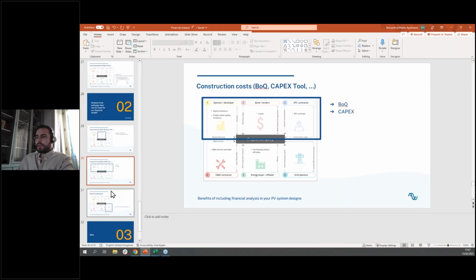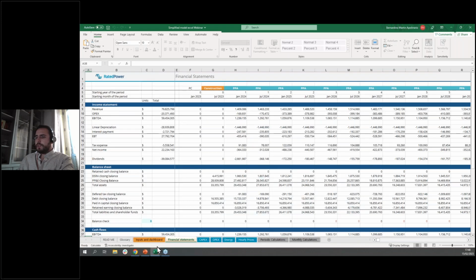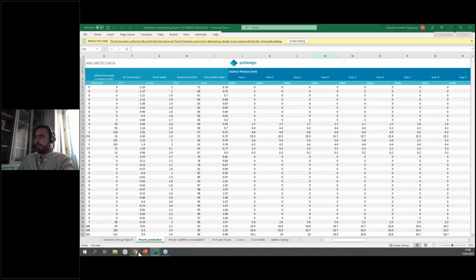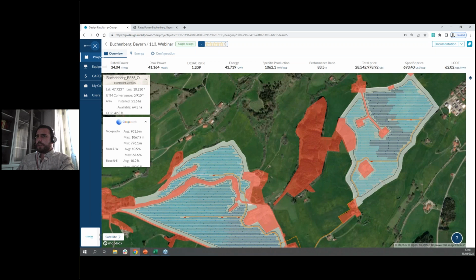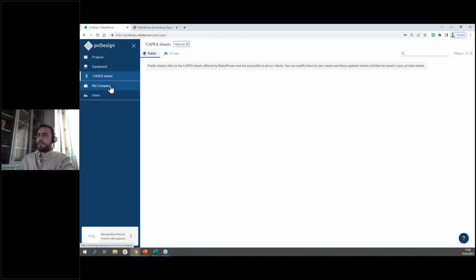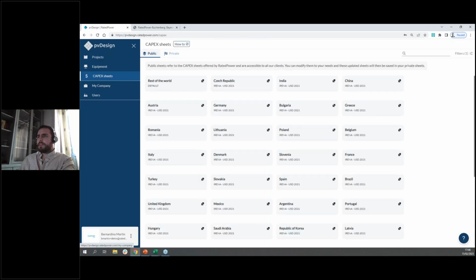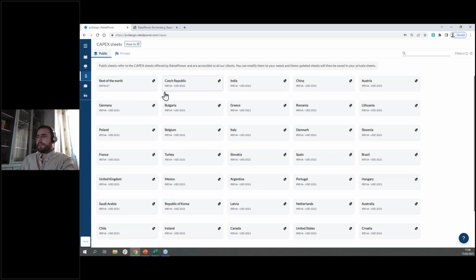Okay, going back here to the Excel, another file that is interesting is the bill of quantities and the CapEx. So especially for the EPC contractor, here we can easily estimate the cost of the PV plant using our CapEx tool, okay? I will show you how to create CapEx templates, but basically here we have the CapEx templates, and we have some CapEx from Arena.